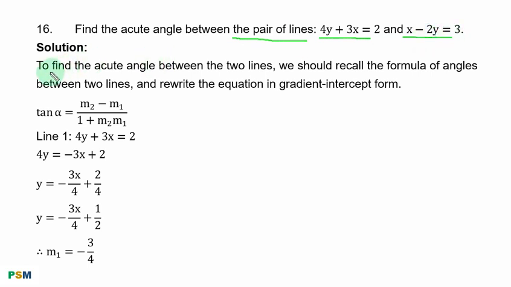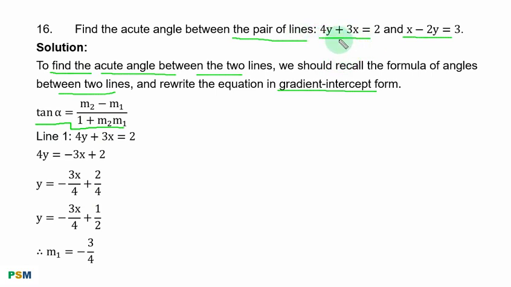Solution: to find the acute angle between the two lines, we should recall the formula of angles between two lines and rewrite the equation in gradient intercept form. Such angle is given in this form, where m1 is the gradient of the first line.